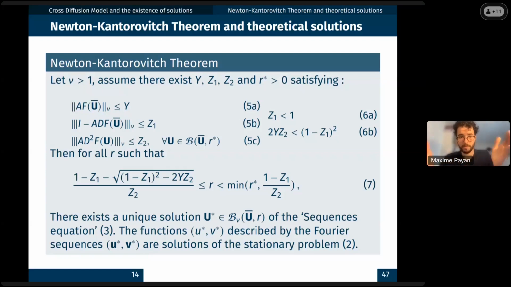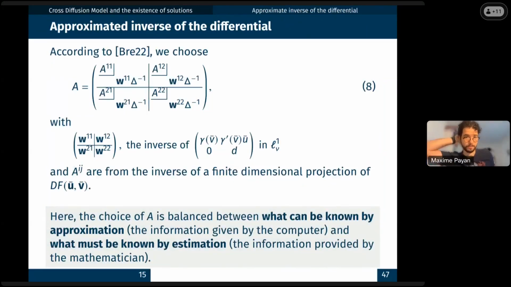Okay, so now the question is how to get those hypotheses satisfied. So firstly, there is the choice of A, and then the computations of Y, Z1, and Z2. And yes, so the choice of A, the approximate inverse of the differential. According to work that Maxime Payan did, we choose A like that.